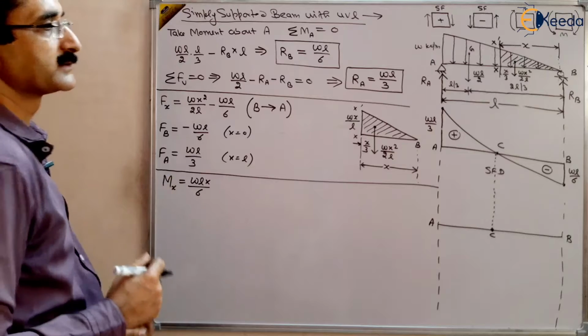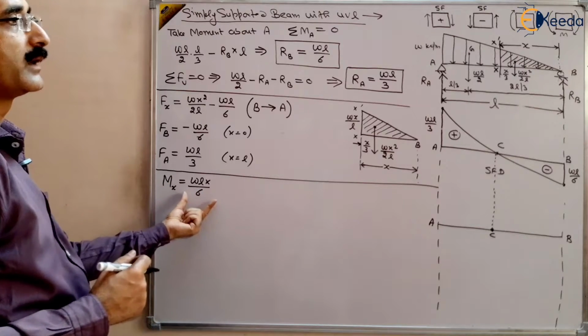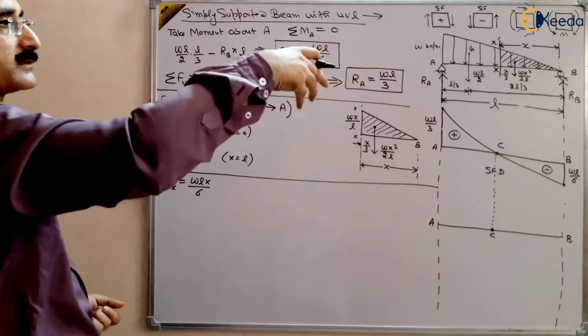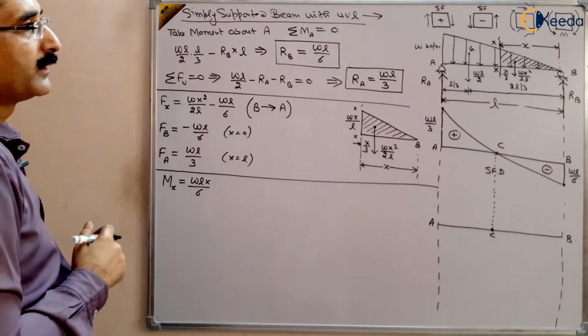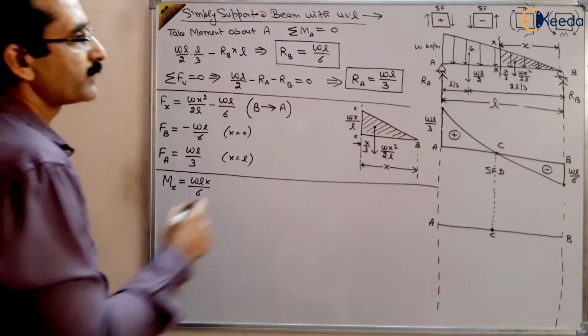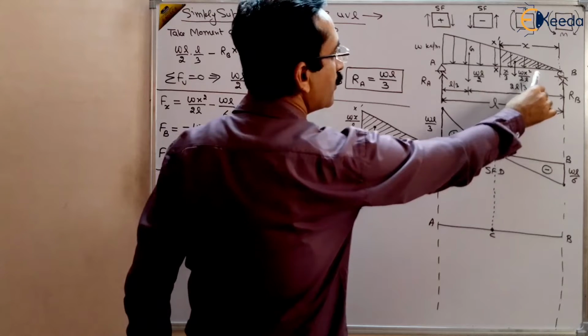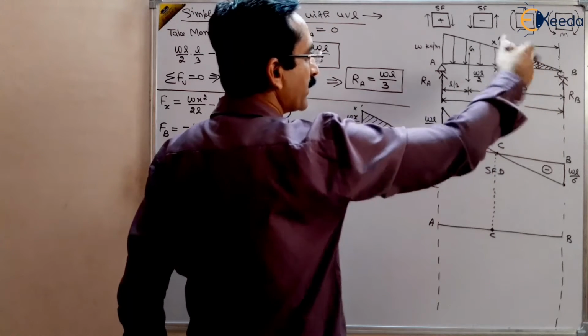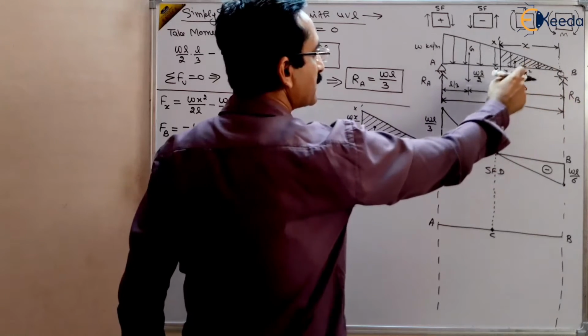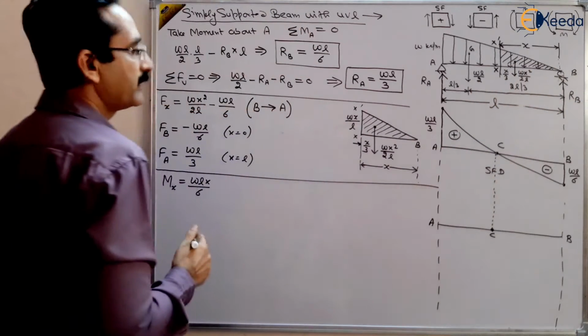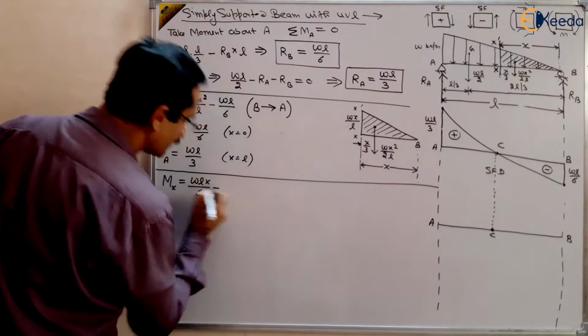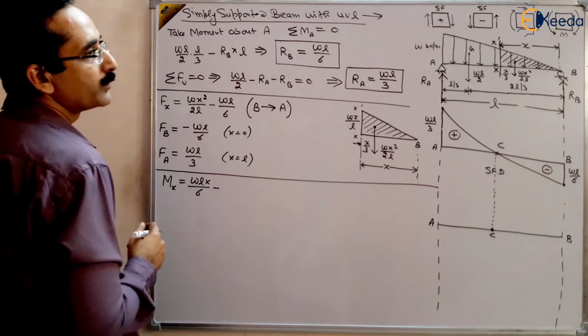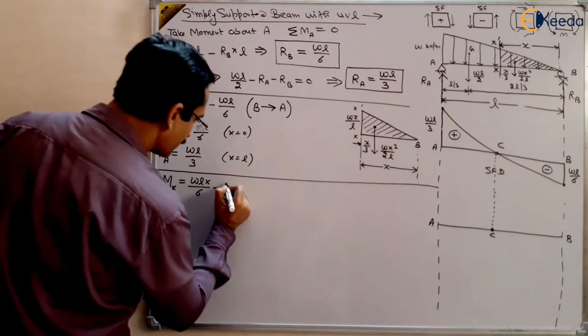This is the positive moment of RB, a sagging bending moment, and Wx square by 2L is making a hogging bending moment, clockwise on the right, at x by 3 distance. So this will be equal to minus Wx cube by 6L.